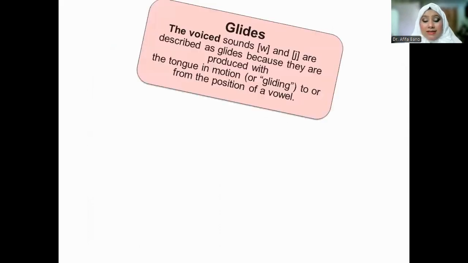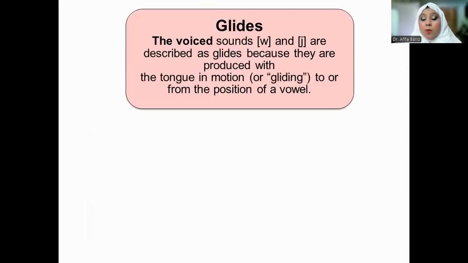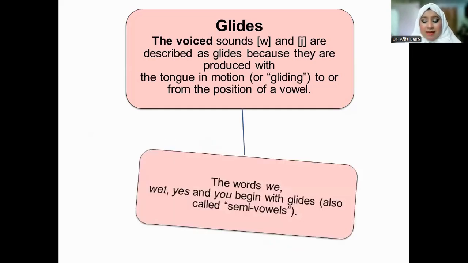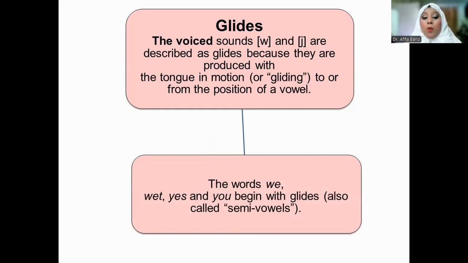Next is glides. The voiced sounds wa and ya are described as glides because they are produced with the tongue in motion, or gliding. Wa. The tongue remains in motion to or from the position of a vowel. That's why we call them semi-vowels. The words we, wet, yes, and you begin with glides, also called semi-vowels.